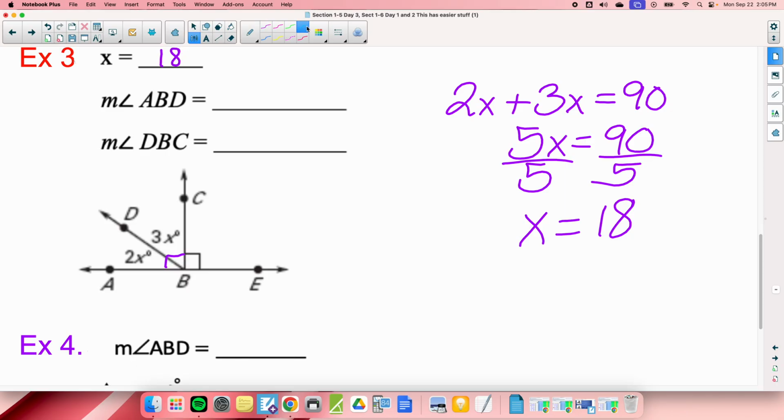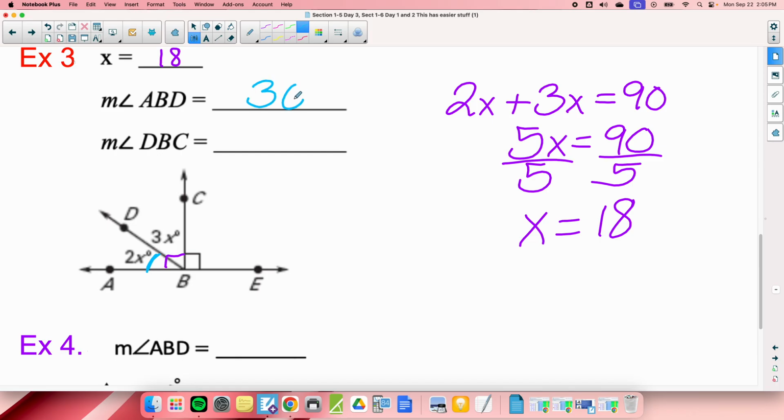Now they want the measure of angle ABD, which is right here, which is 2 times x. How do you think I would do that? ABD is 2 times x. X is 18. Wouldn't I just go 2 times 18, which is 36.